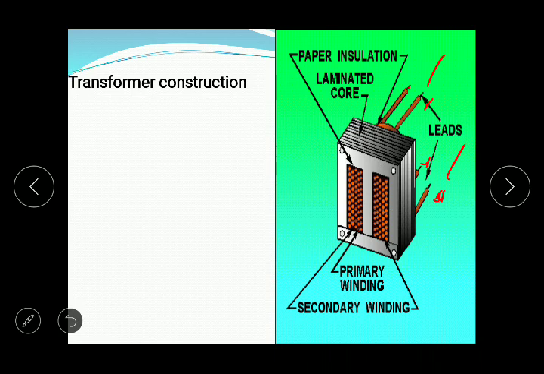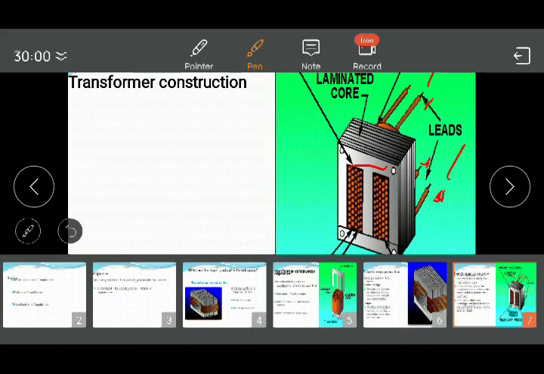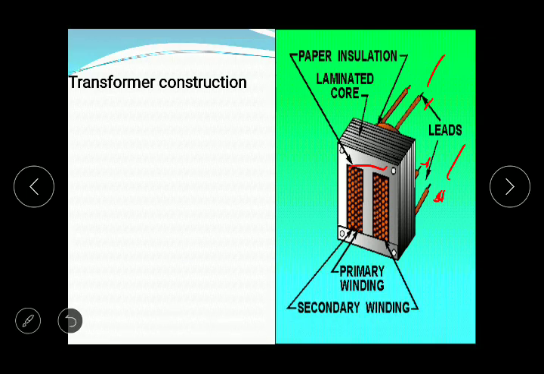And this is paper laminated core, here central in this limb. Near the core, the primary winding is connected, and after that laminated, then secondary. The big dotted is the secondary winding. The small dotted is the primary winding.